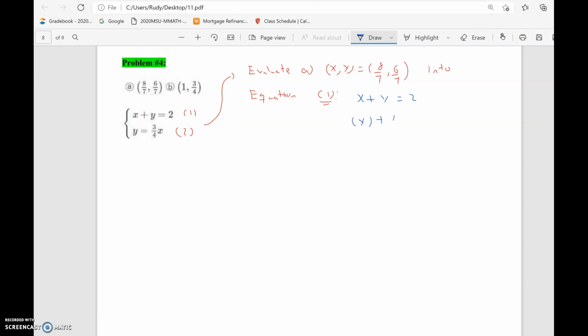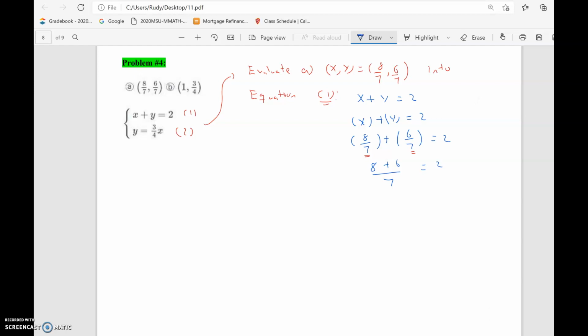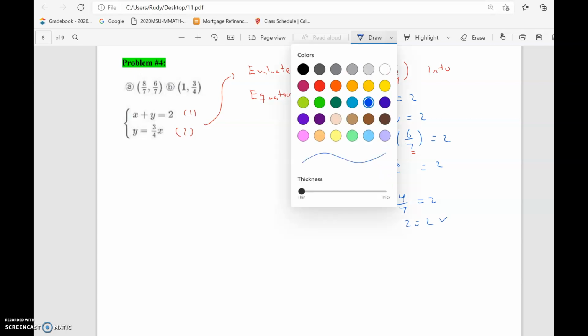So 8/7 plus 6/7 is equal to 2. I'm merging them into one fraction since we have the same LCD. It's 14/7, which is equal to 2. 2 is equal to 2. It checks on the first one.